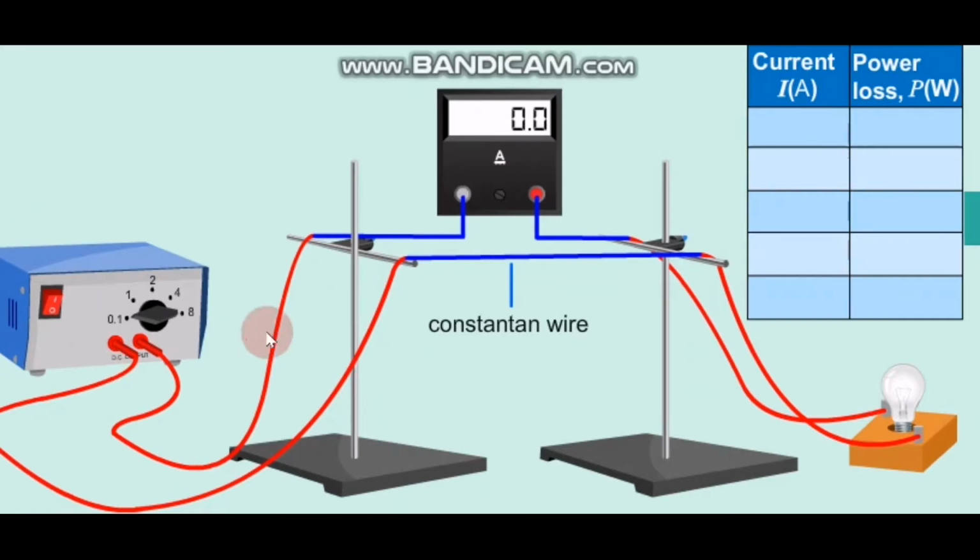Let's take the resistance in the wire as a constant 1 ohm. We are going to look at what will happen to the amount of power loss when I adjust the amount of current flowing through the wire. Okay, let's begin with a current of 0.1 ampere. It says here that the power loss will be 0.01 watt.